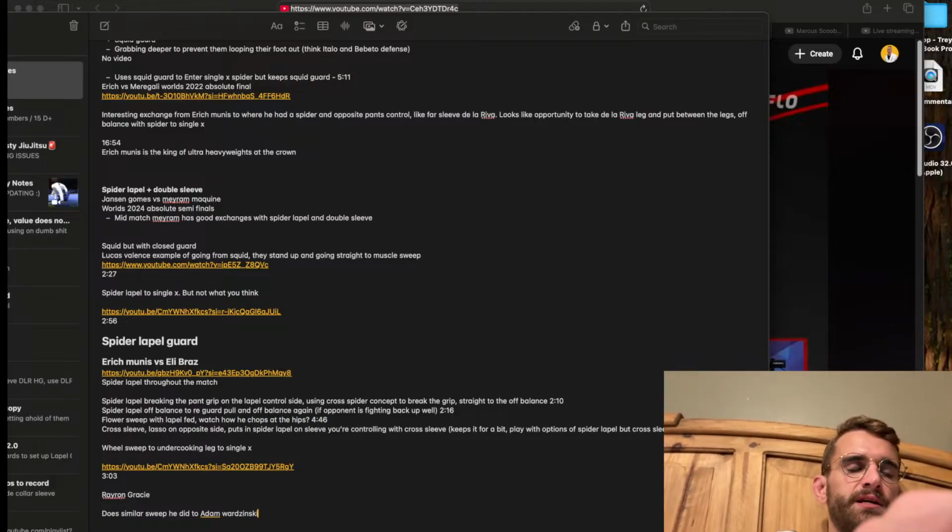Let's hope I spell this right. Gripping the leg, well, technically it's the ankle, to single X, but in the Adam match, he took the pant grip and basically forced single X.